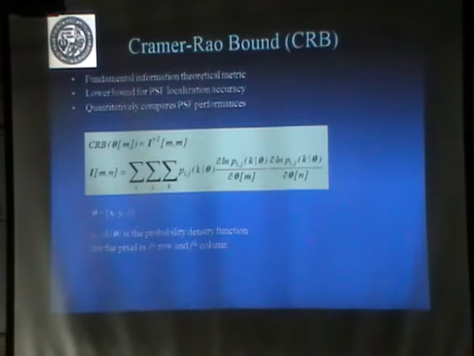Now, when you have an image, you don't have only one dimension, you have many pixels, so you need to sum over all the pixels in this case. If it's a different measurement where you use different parameters, it could be an integral or summations. The probabilities are here because of the noise.